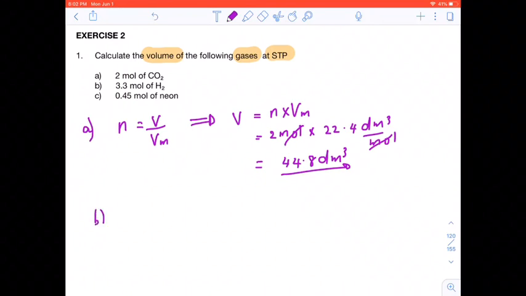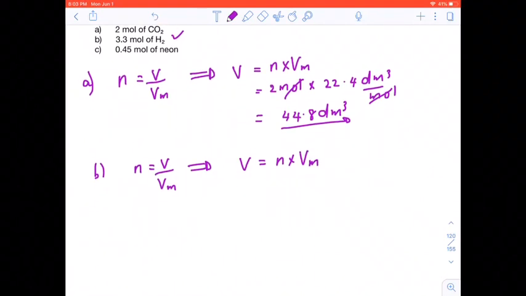Now we want to know what the volume would be for 3.3 moles of H2. What volume would it occupy at STP, right? So again, n is equal to V upon Vm, which implies that V is equal to n times Vm.